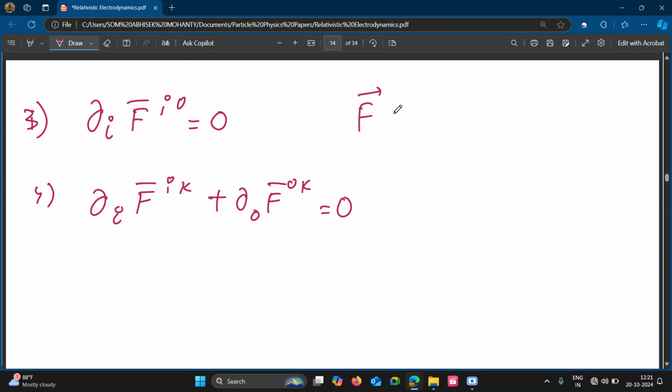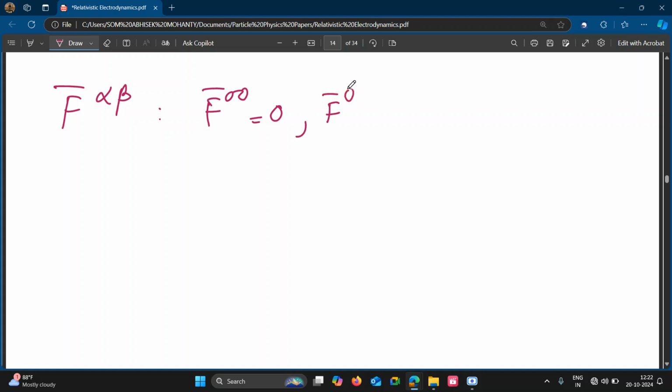Here F bar is the antisymmetric EM field tensor. Antisymmetric means, if we expand it in matrix form F bar alpha beta, the diagonal components will be 0.